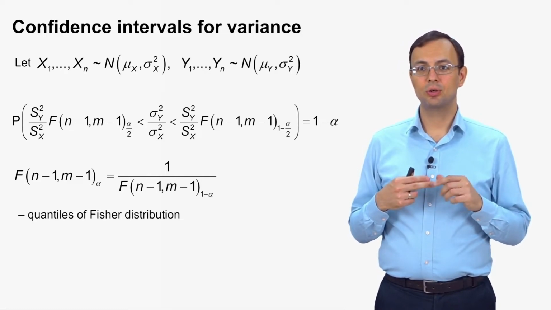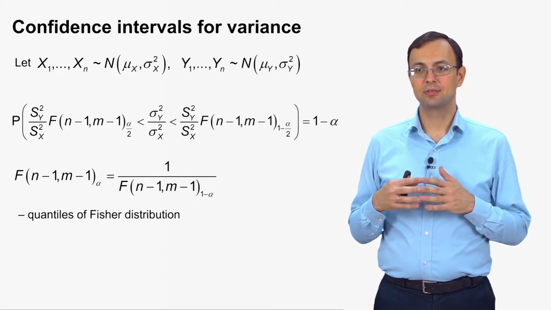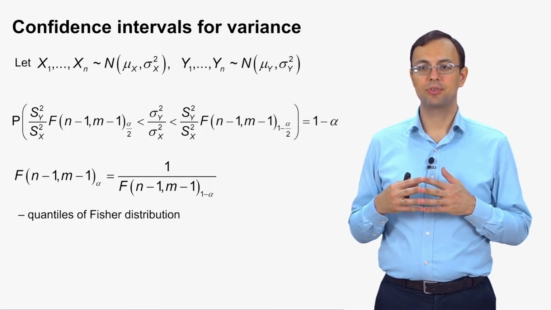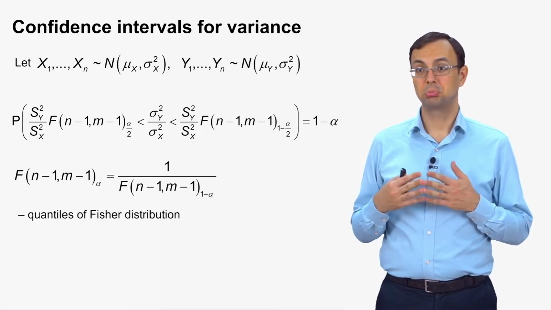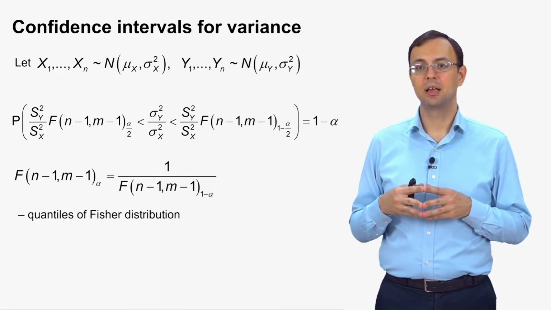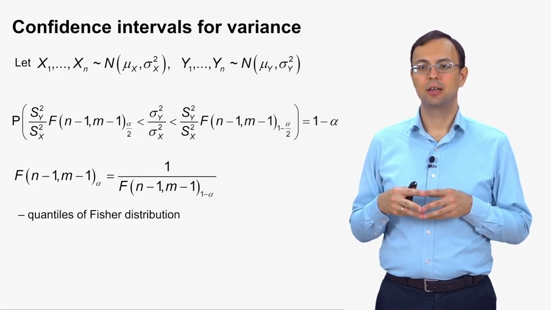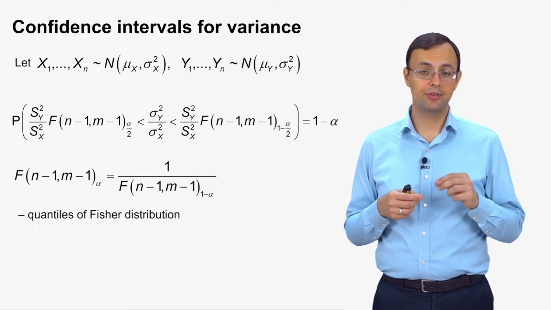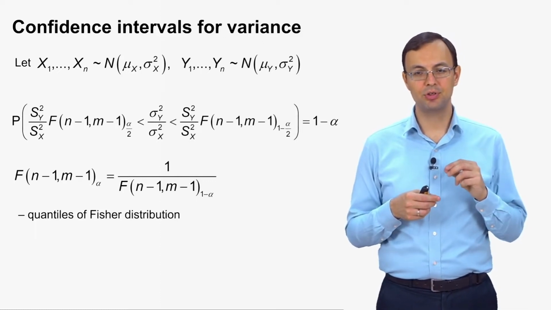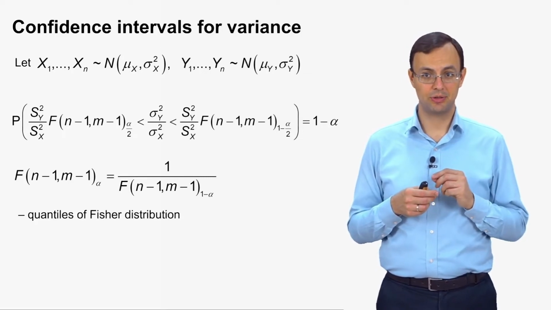In this case, the formula for the confidence interval is given, and we are to apply quantiles of the third auxiliary distribution, the Fisher distribution.